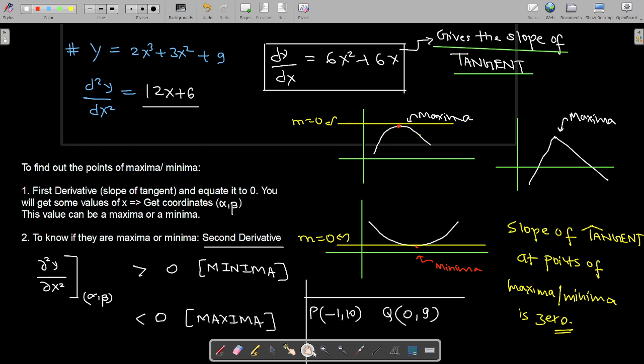It's minus 6. Is it greater than 0 or less than 0? It's less than 0. Is it a maxima or a minima? Minima. Which is the symbol of less than 0, the first one or the second one? First one. If I write x like this, it means x is less than 0. No, x is greater.